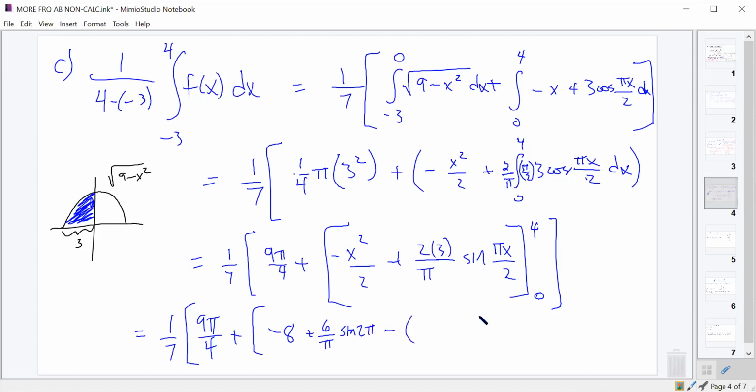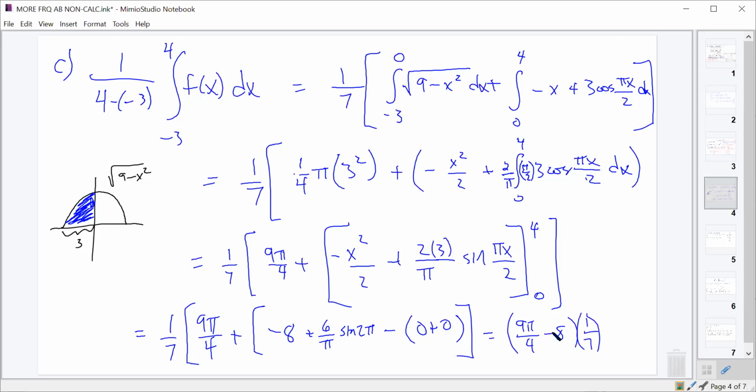Minus, if I plug in 0 to all of that, what does it all become? 0 plus 0. All of the sine of 2 pi, like we said, is 0. So that goes away, that goes away. We've got 9 pi over 4 minus 8, all times 1/7.